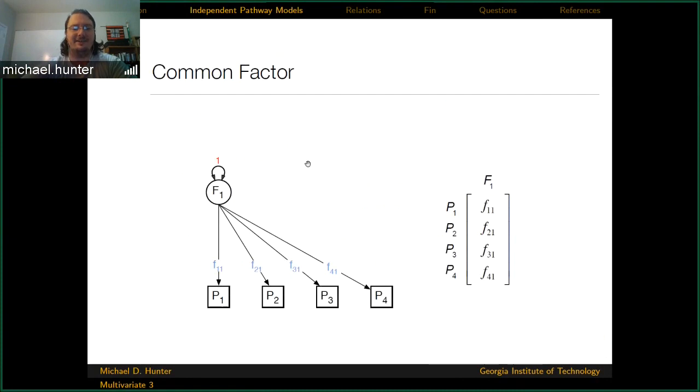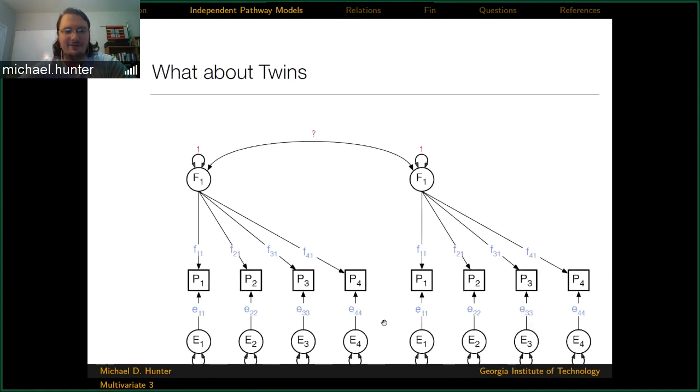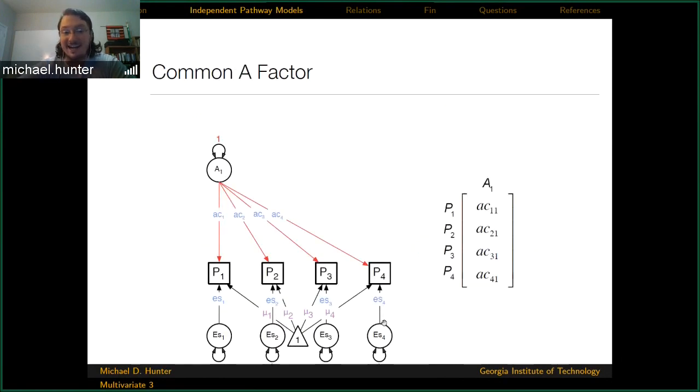The idea here is, let's say you've got some sort of factor, and you've got one factor with residuals on it, but what do you do if you've got twins here? Essentially what you can do is create an A factor. This matrix here is what I previously notated as L sub A, a factor loadings matrix associated with the A component.